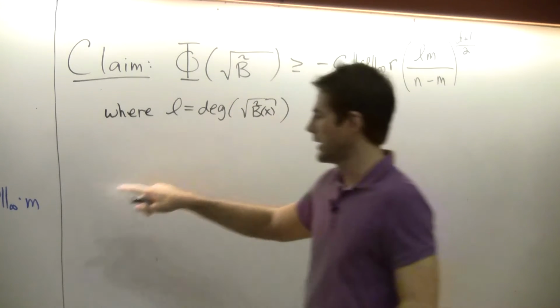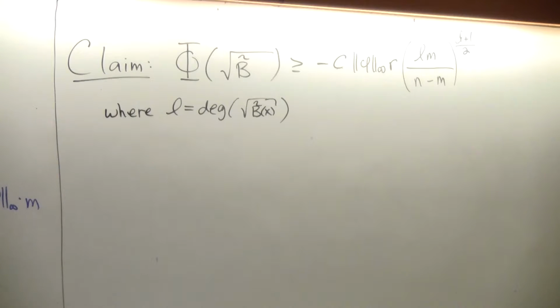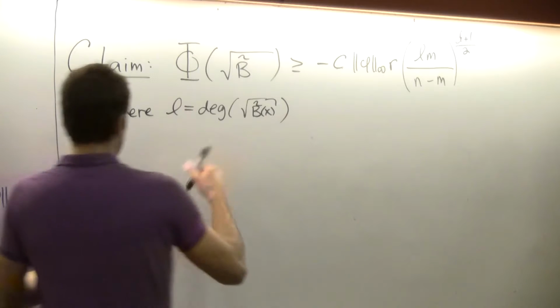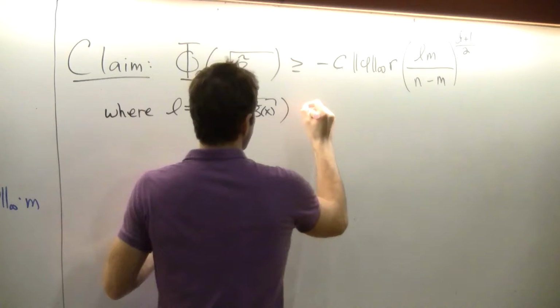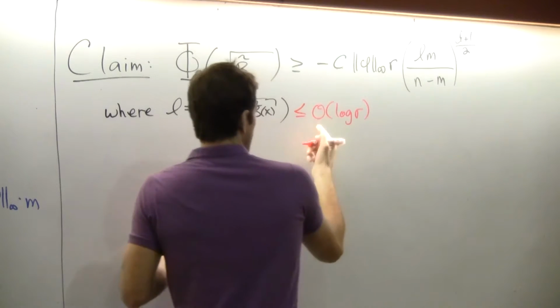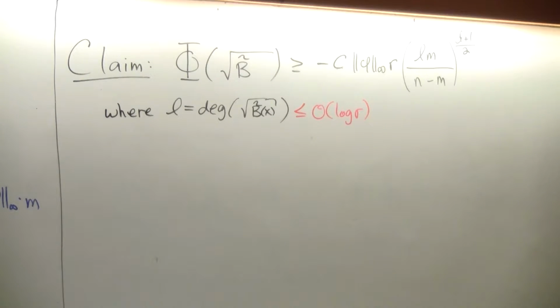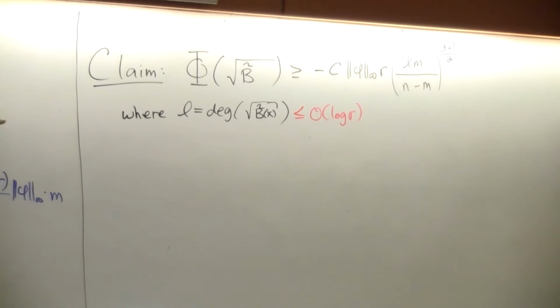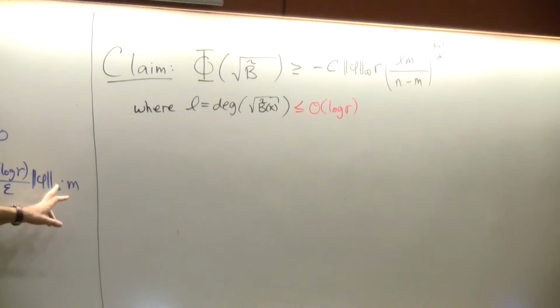Well, we know the degree. So the first thing we know is that this is order log r. Now we have to be careful in this order because it is a constant depending on g. Let's just verify that the constant really only depends on g.